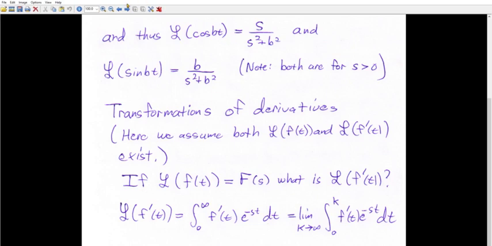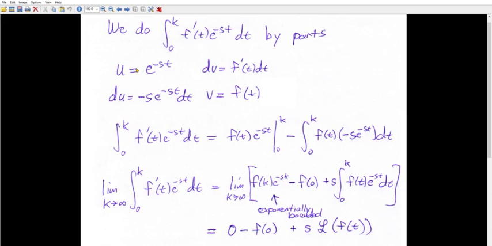Now, this last integral, we're going to do by parts again. We choose u equals e to the minus st, and dv, f prime of t dt. The idea being here, we want to integrate f prime of t to get to f of t, which we know something about the transform of.